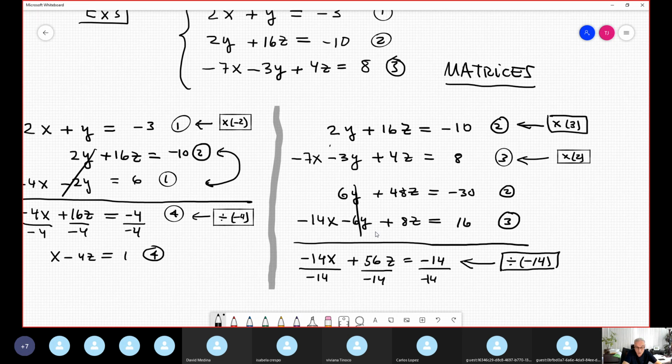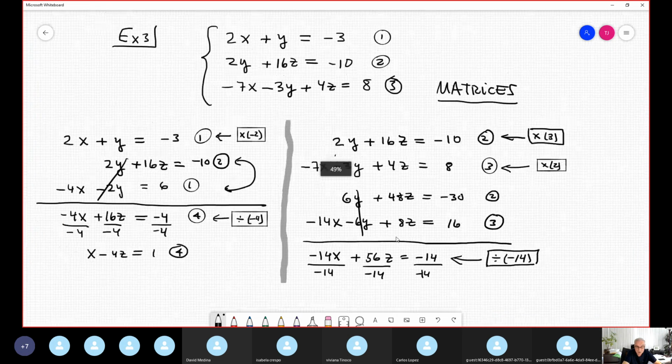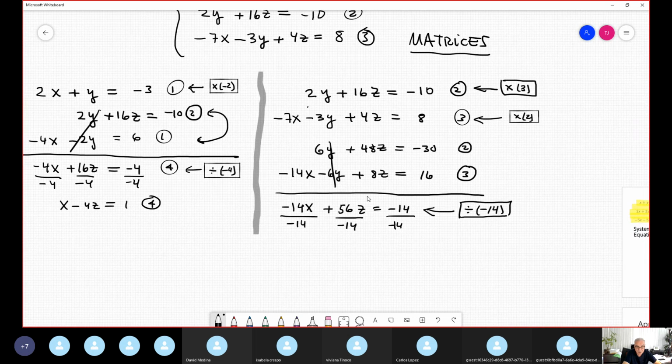When you put together the equations, you realize. But in this case, I realized in that moment. You have x minus 4z equals 1. And this is my equation number 5.